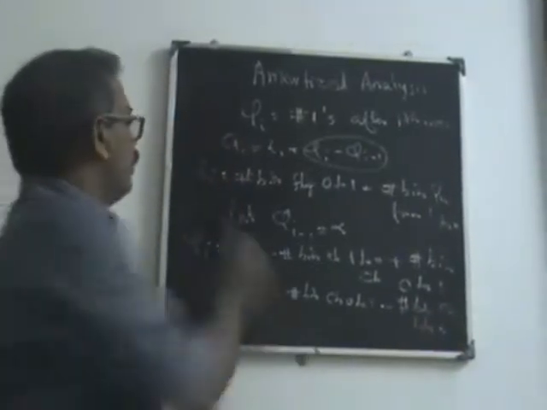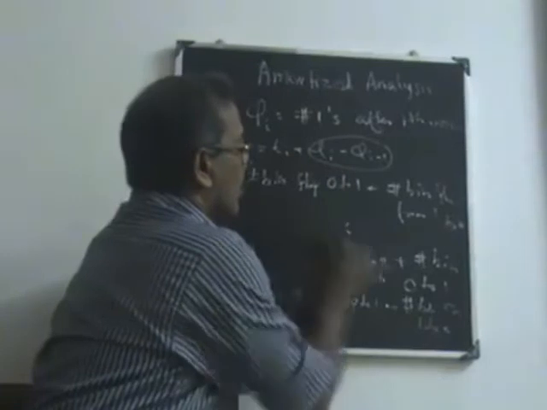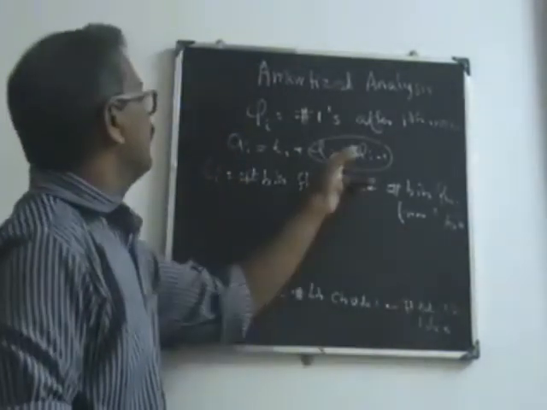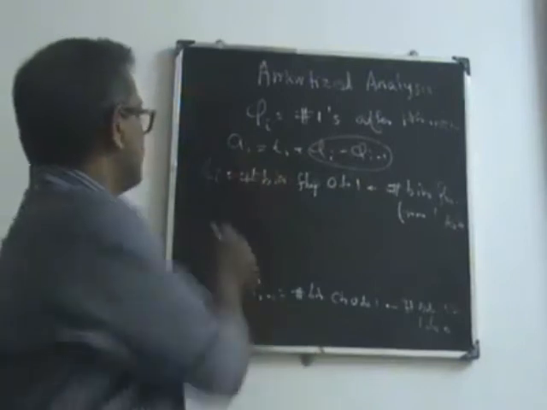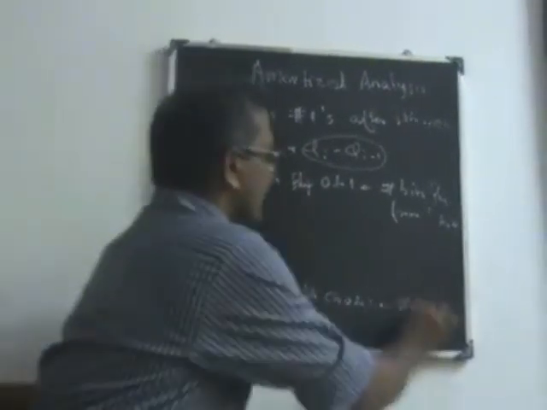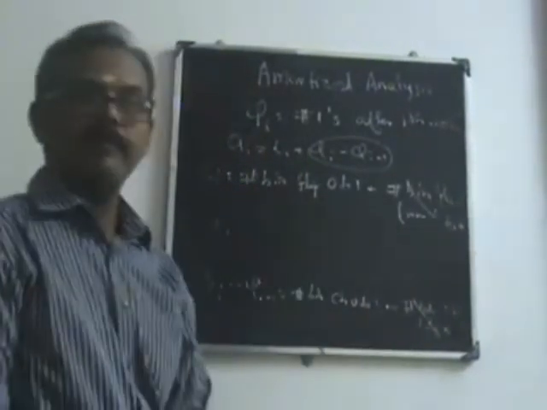Now what do we need? We got phi_i minus phi_(i-1), and a_i is here. So a_i is obtained by adding these two. This is minus, this is plus, so that two goes off.